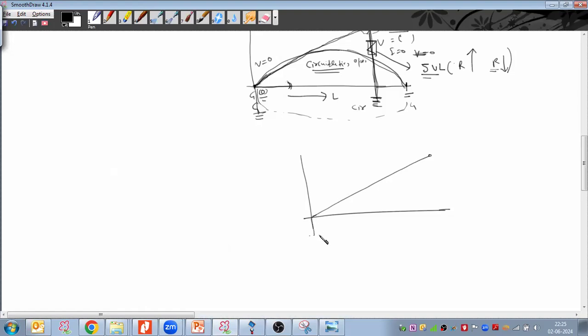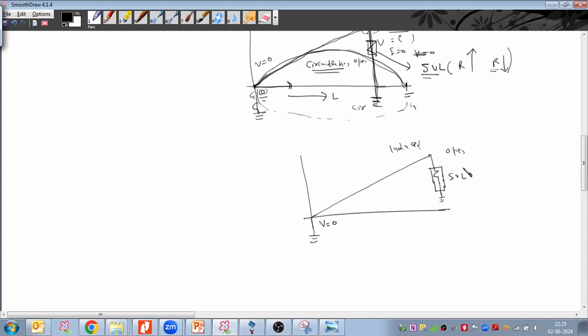Here I have done the solid grounding, so my voltage would be 0, but at the open end a high voltage will be induced. So what I'm doing is putting a sheath voltage limiter, SVL. This is how we indicate the SVL, and then through the SVL we are doing the grounding.